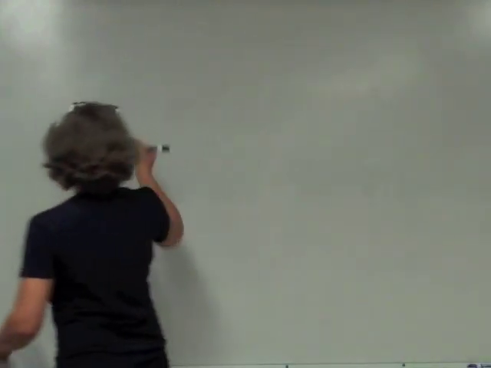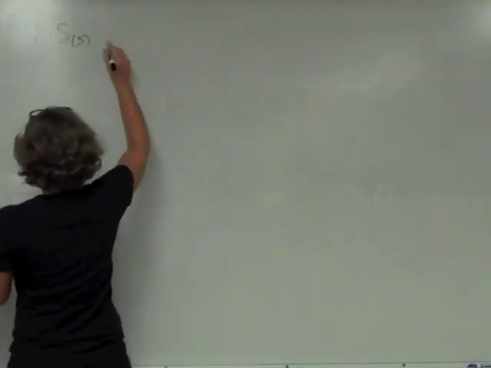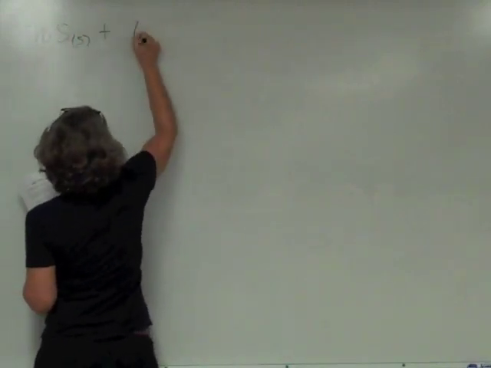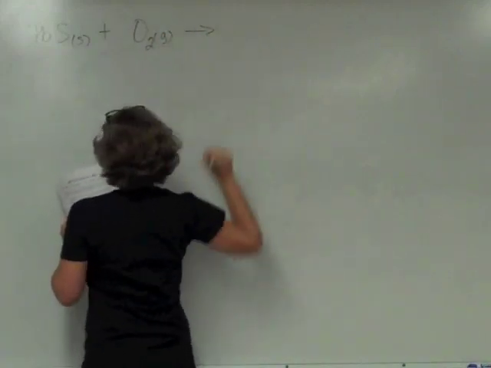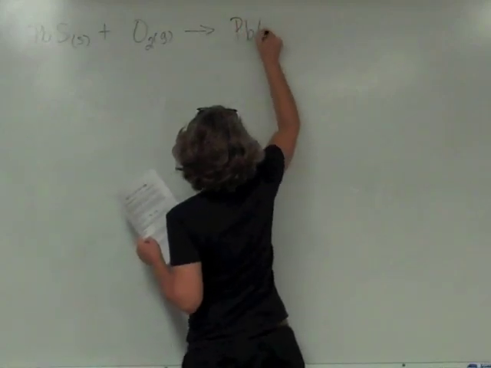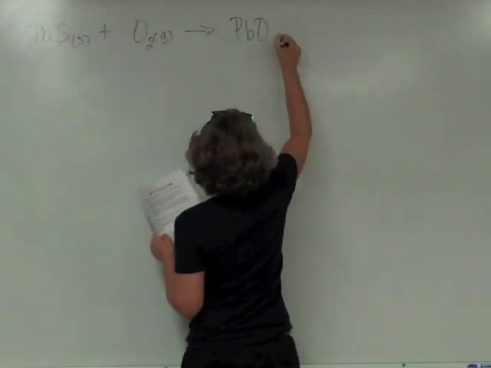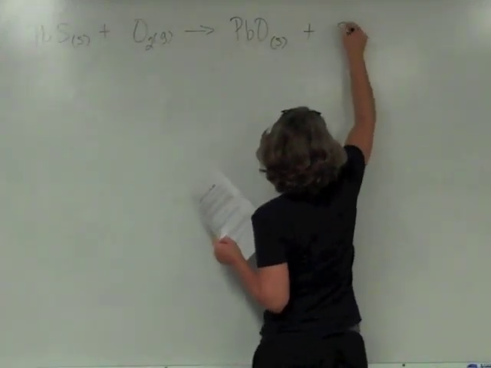We have lead 2 sulfide, which is solid, reacting with O2 to give us lead 2 oxide, also a solid, and sulfur dioxide gas.